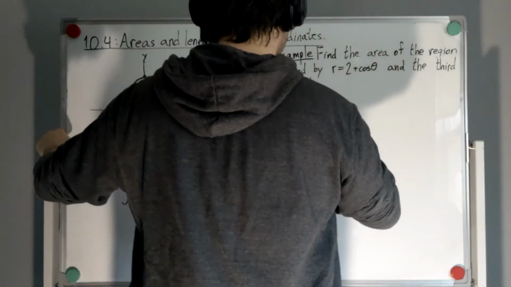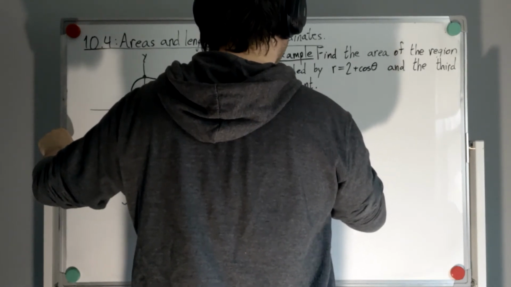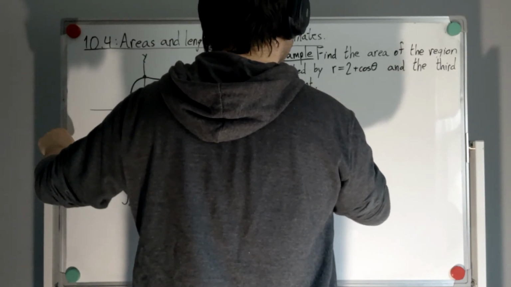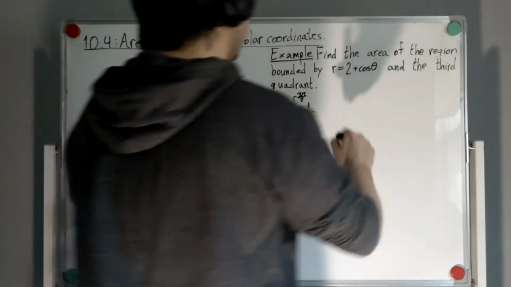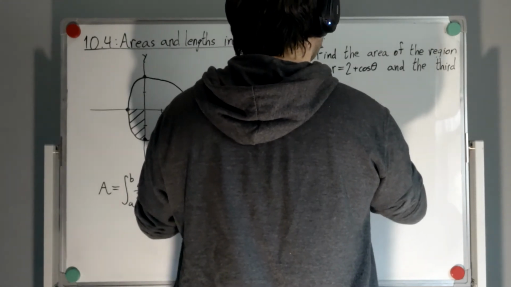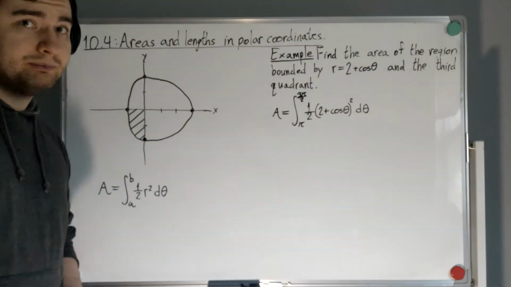So, the area is just going to be integral from pi to 3 pi over 2 of 1/2 r squared. In our case, r squared is going to be 2 plus the cosine of theta, squared. So like this.